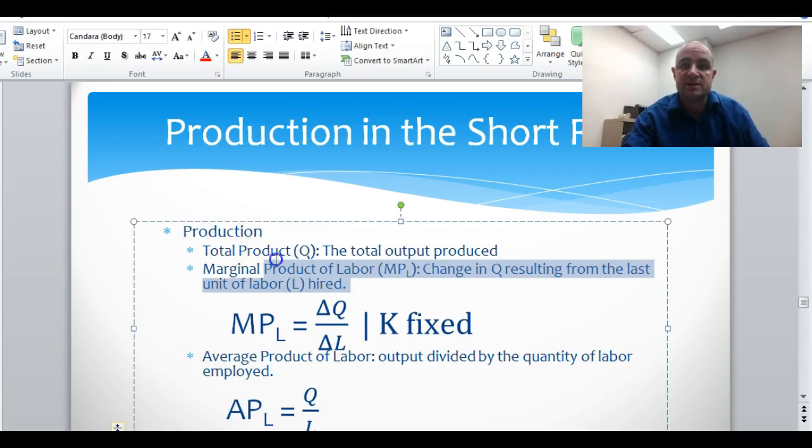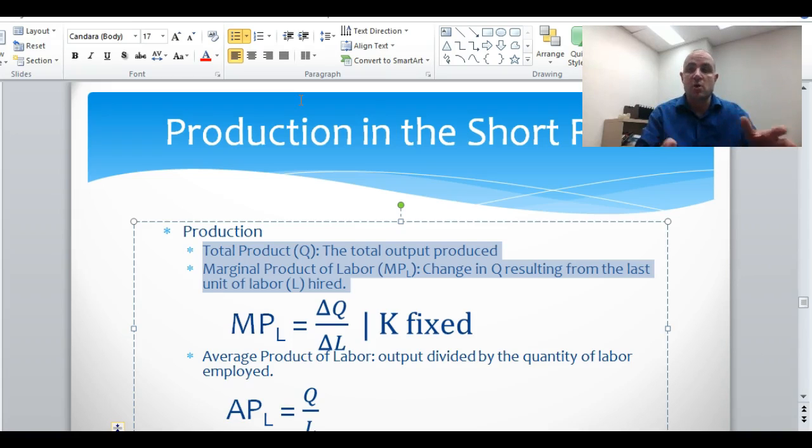So when you look at production, the total product, right? Total product, output, Q, they're all basically the same thing. The total product is the total output that is produced. It's the total amount you produce. The marginal product of labor, MPL, is the additional output from an additional unit of labor.